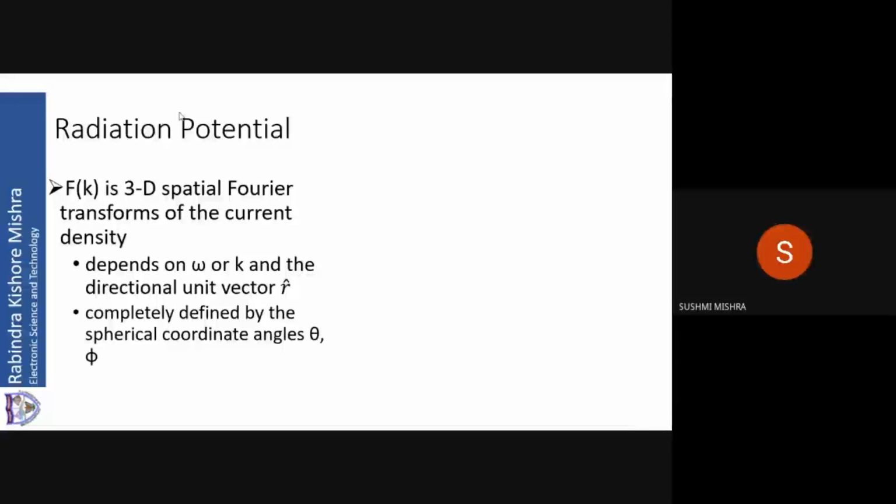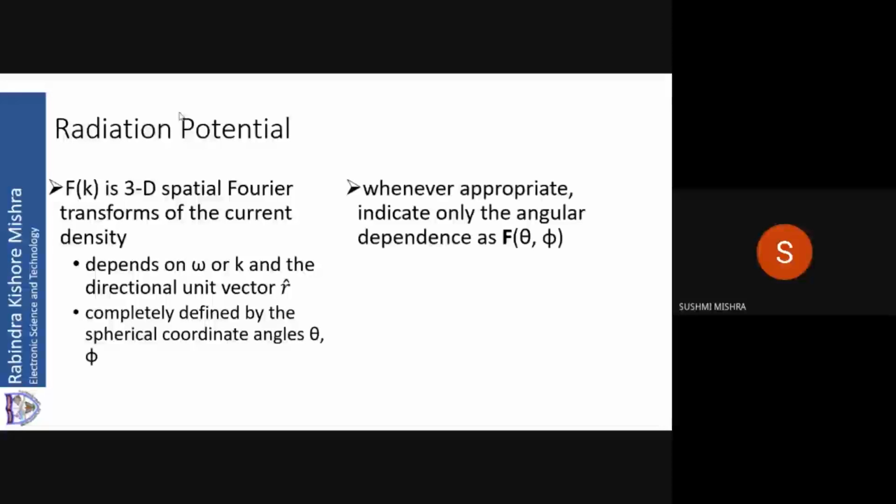So if we remember that this vector, the radiation vector, depends on omega and is completely defined by the spherical coordinate angles theta and phi, then whenever it is appropriate, we can indicate it only through angular dependencies.